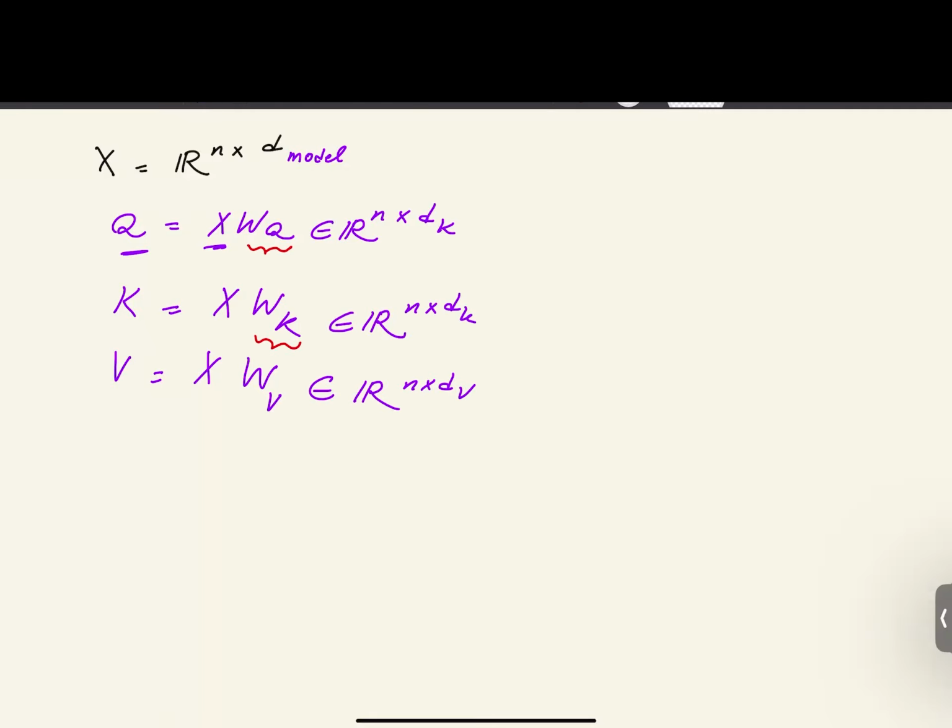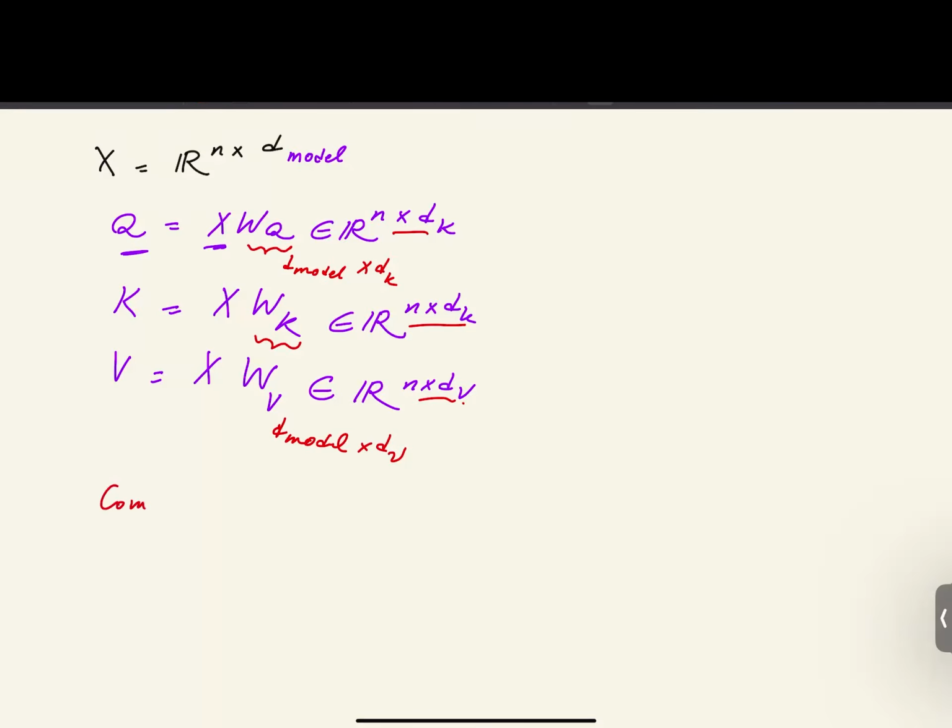Note that the Q space and K space are the same size because we want to look for their similarity, but the value space is not necessarily the same dimension. That's why we call it d_v. That means that W_Q and W_K have similar dimension of d_model by d_k, and W_V has dimension d_model by d_v.